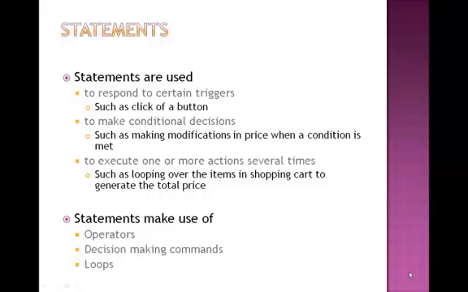Okay, so we saw the different types of variables in C# and how we can define them and use them. But essentially, to make any programming language work, and to program for a website using these languages, we need to give it code statements that it can execute.